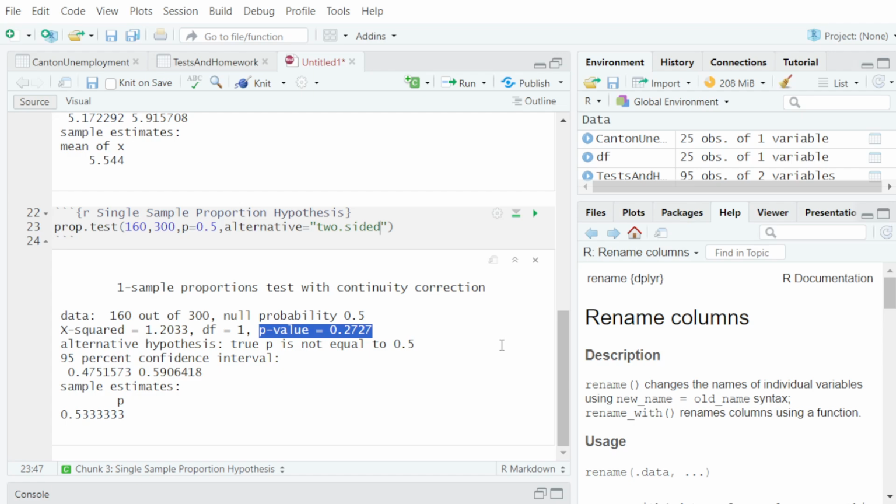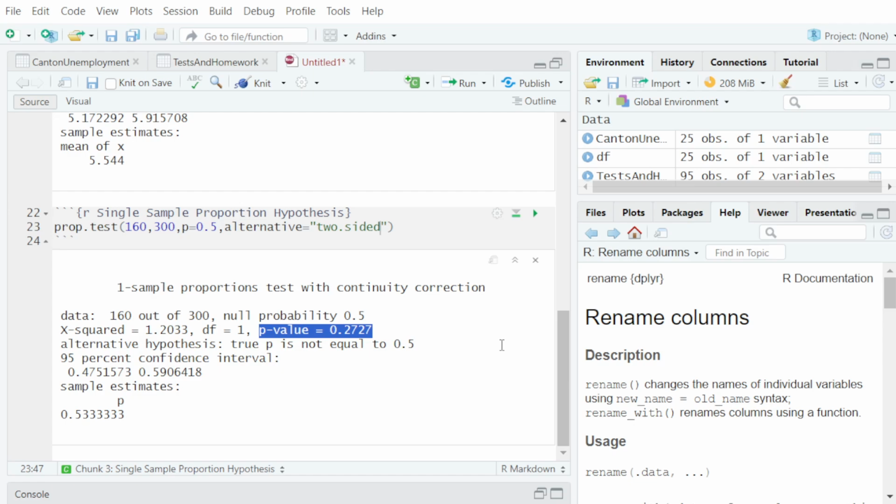Now remember, we give the benefit of the doubt in effect, right? So I'm going to be somewhat tolerant here and say, well, for me to reject the idea that it's a fair coin, that is, that the true proportion is 50%, I would need this to be less than 0.05. That's the typical number.